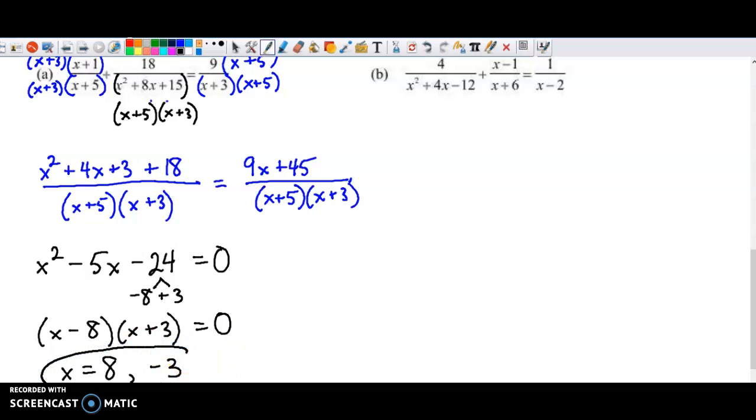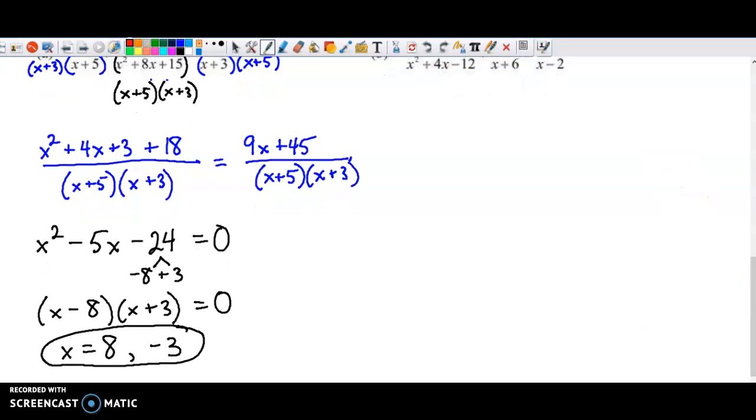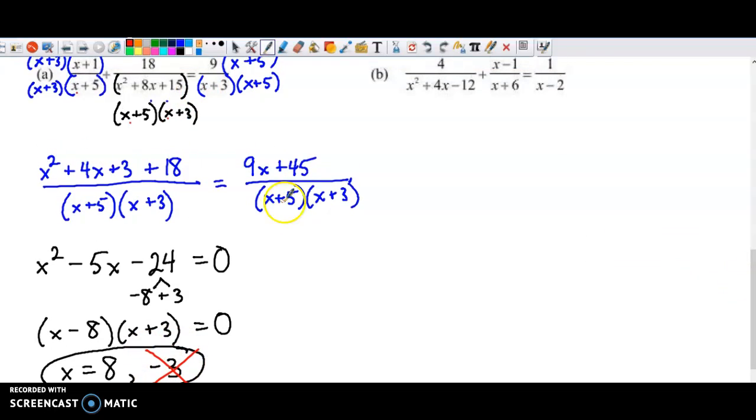I've been warning you about extraneous solutions because if you go and you say, well, okay, 8 works, all right? And the reason why 8 works is if you plug in 8 into the denominators, you're going to get fine numbers. The issue is negative 3. So the moment you plug in negative 3 either here or here, negative 3 plus 3 equals 0.